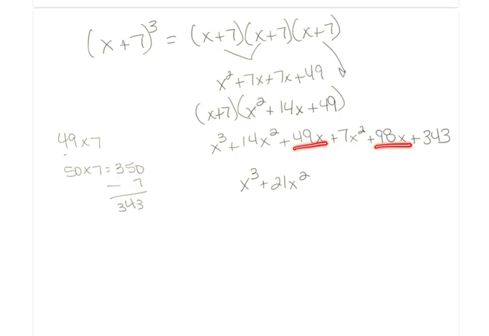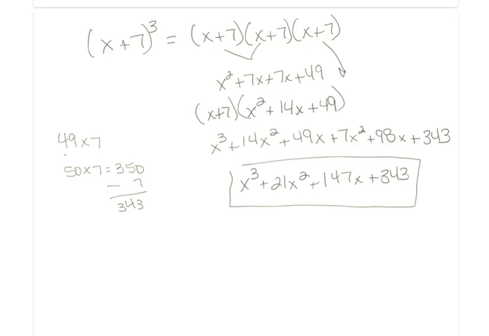How many x's do we have? Is that 147 x's? And then how many whole terms? 343. And then I'm in that standard form right from highest to lowest, which makes it a little more manageable for us.